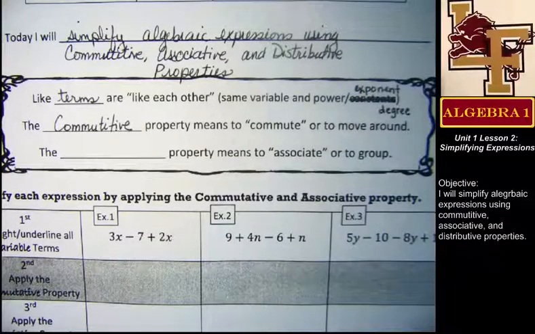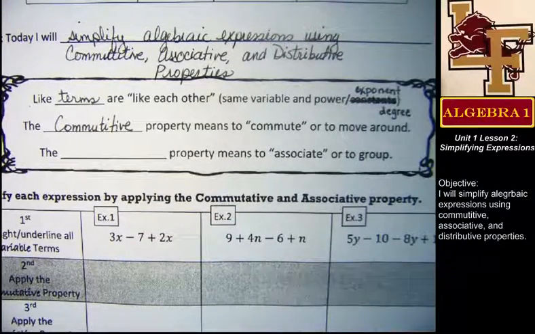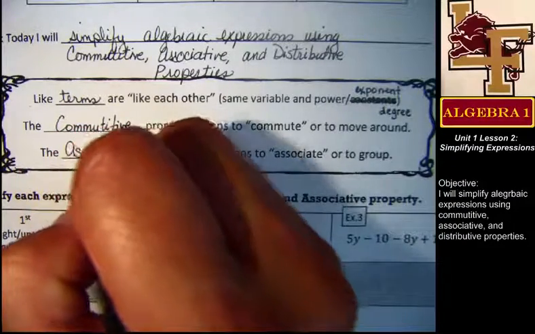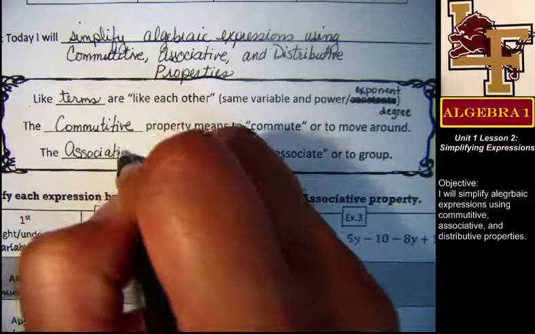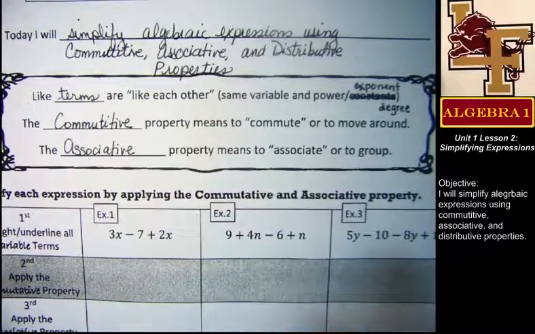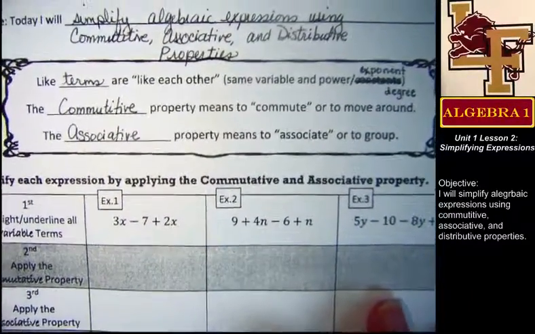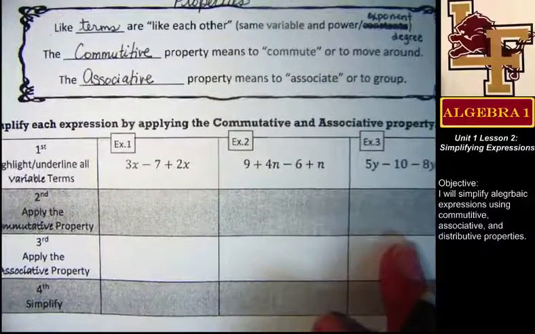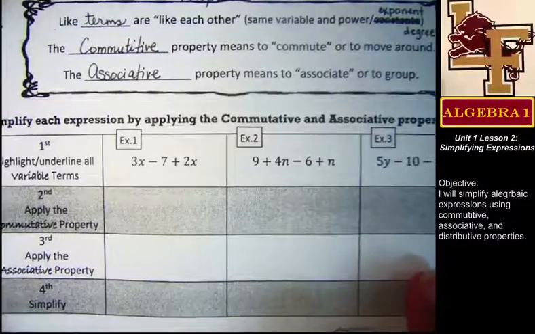So which property means to associate or to group? Yeah, the associative. Yeah, us mathematicians, we are not so creative with the names, right? So let's use the commutative and the associative property to simplify these expressions.